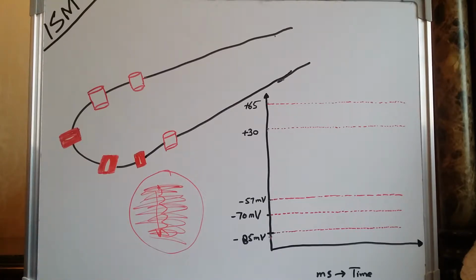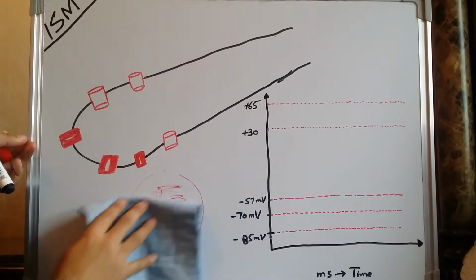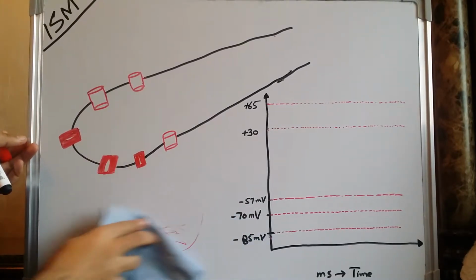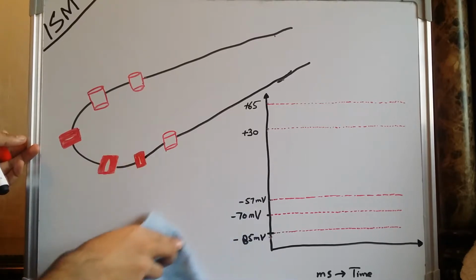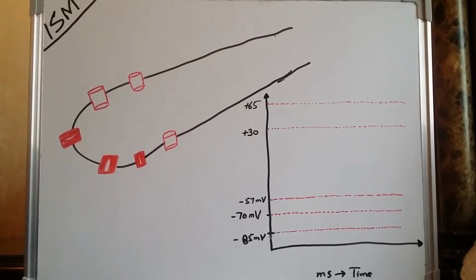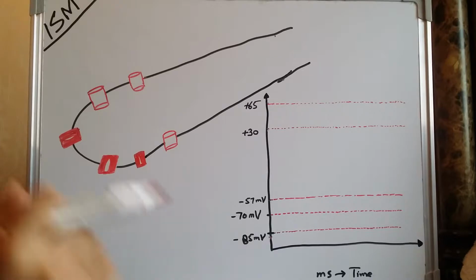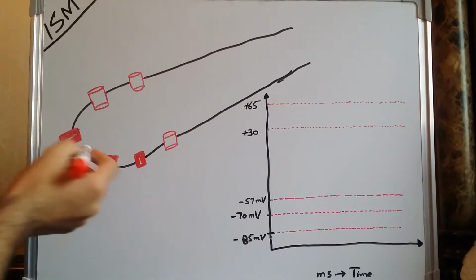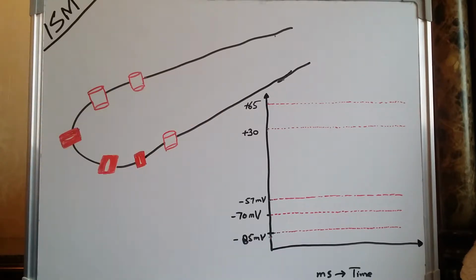Like this, whenever a neuron gets an impulse or a stimulus, it generates an action potential, and this action potential moves along the length of the neuron. For example, suppose this is the ending of a neuron.